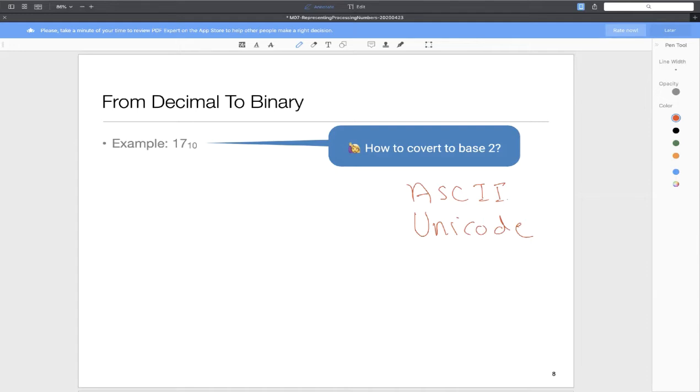So if you want to pack the maximum amount of information, you would say, hey, let's take the trouble and convert these decimal digits into a base 2 number so that we can fully pack. So how will we do that?